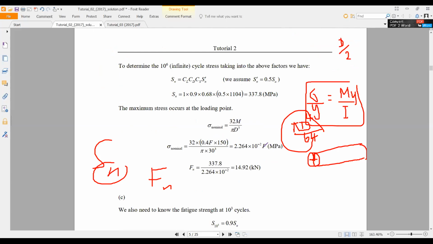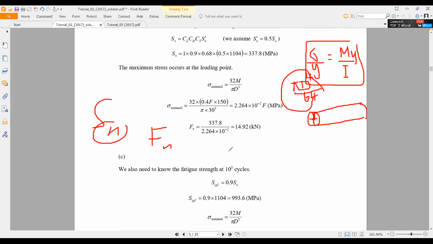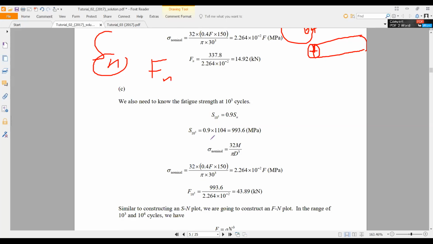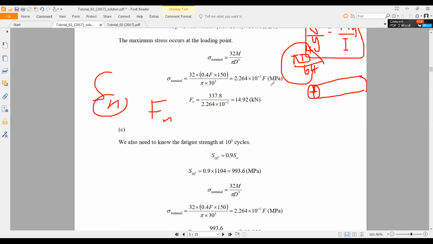Okay. Because the bending moment does not change, we are going to find the loading point at 10 to the power 3 cycle strength. So the function is the same, but if the stress changes, that load value also will be changed. Okay.